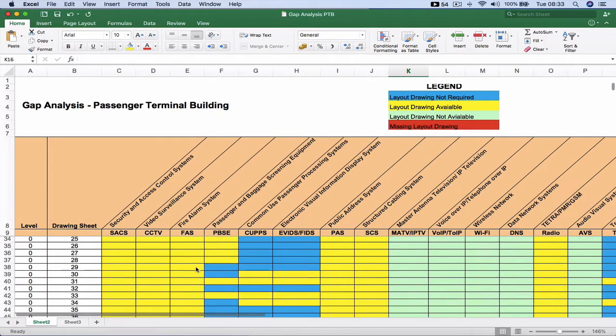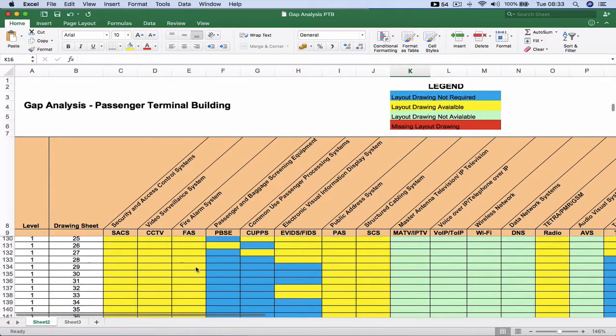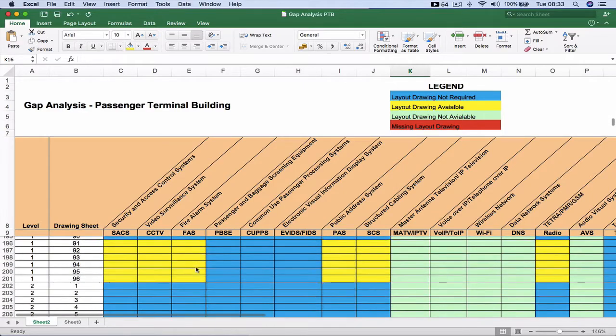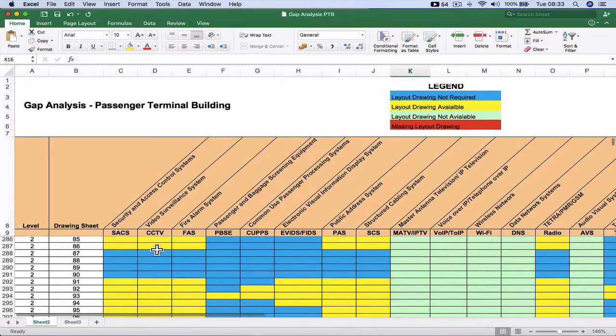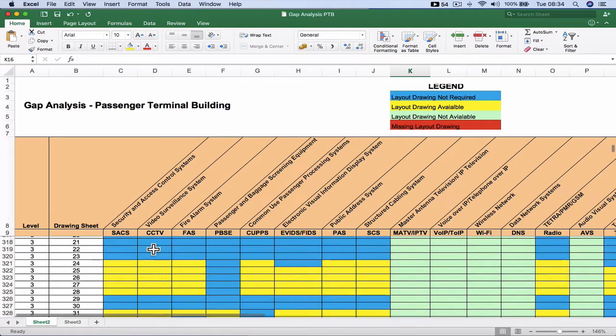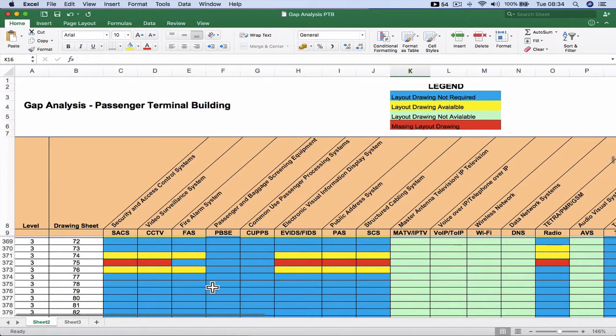So again, you go through all of these line items, every single drawing, to figure out if you've got all the proper drawings done. Sometimes you may have a drawing on the list, but you haven't received it. So in this case, we're missing a layout drawing. For level 3, sheet 75, we don't have any SACS here and no FIDS.